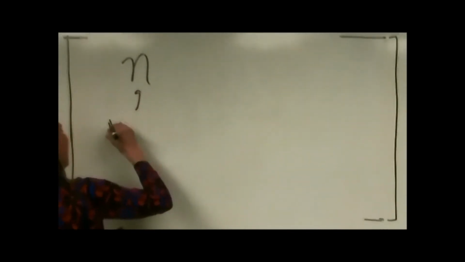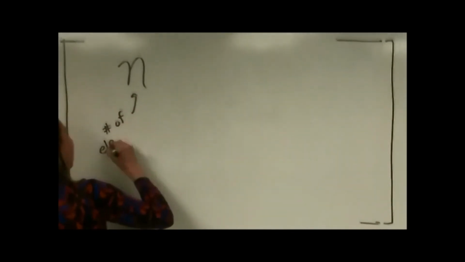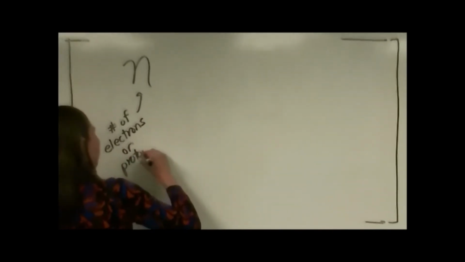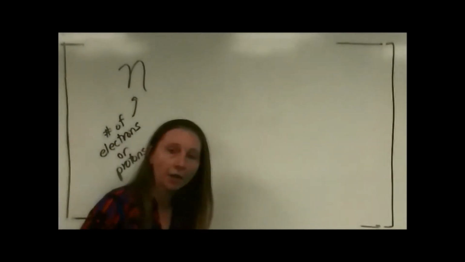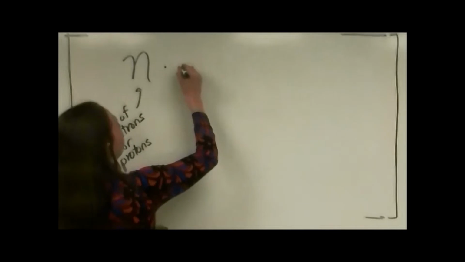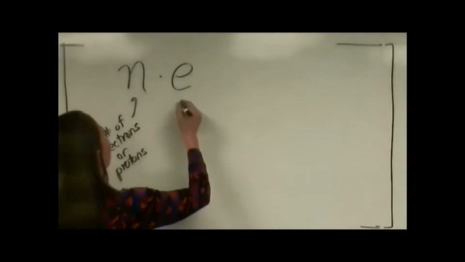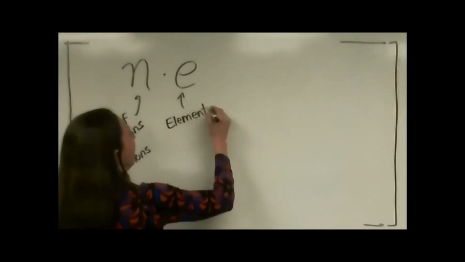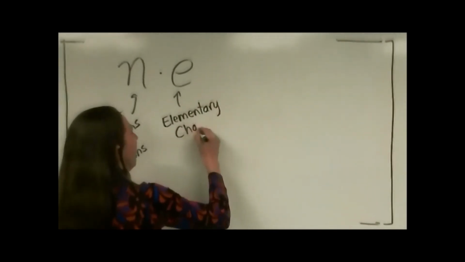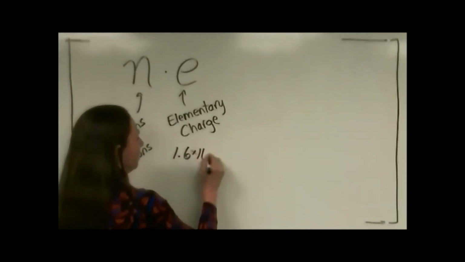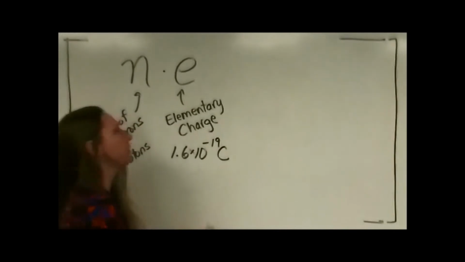Take the number of electrons or protons that you're talking about, or the number that are excess, multiply that by e, that's one elementary charge, and remember, that's exactly 1.6 times 10 to the negative 19 coulombs.